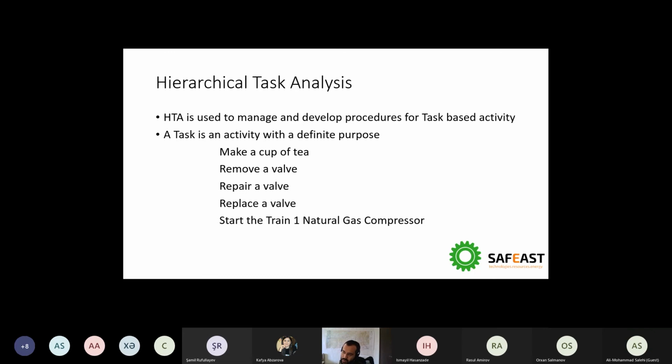This could be as simple as making a cup of tea, but it could also be a critical task we do in the real world, like starting a natural gas compressor, which is quite an extensive task.